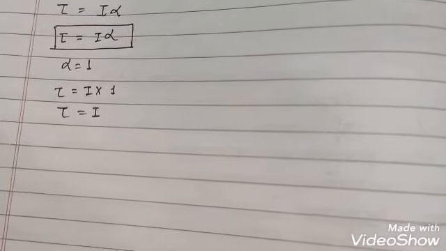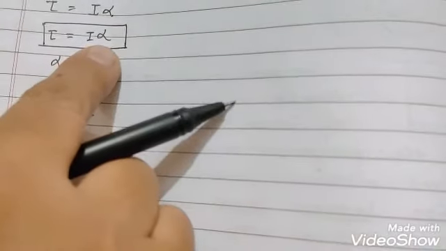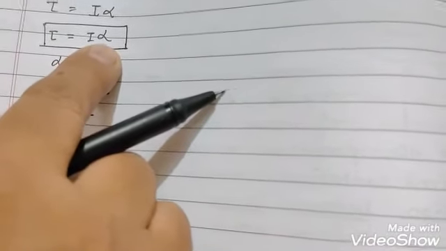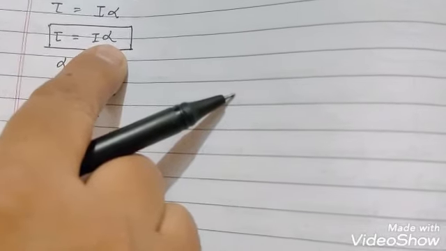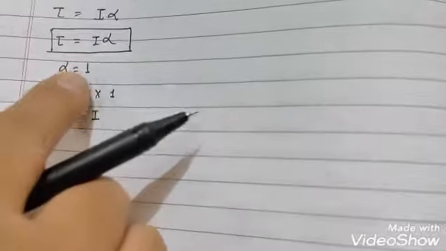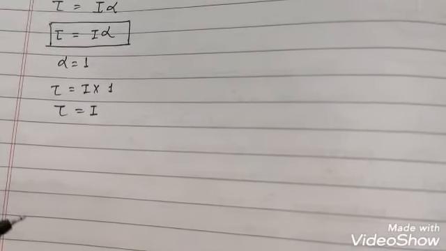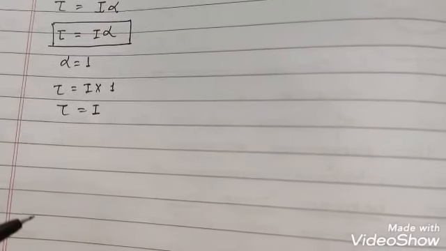This equation, tau is equal to I alpha, is called the fundamental equation of rotation or law of rotation, and it corresponds to the relation F is equal to ma, which is the fundamental equation of linear motion.